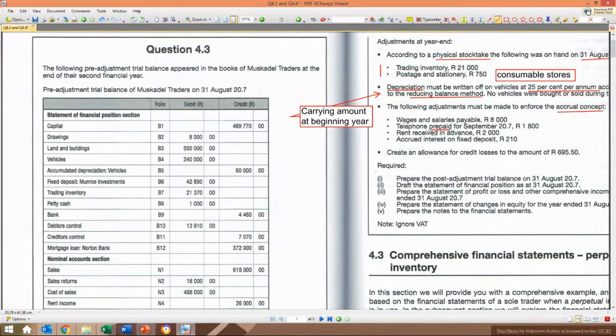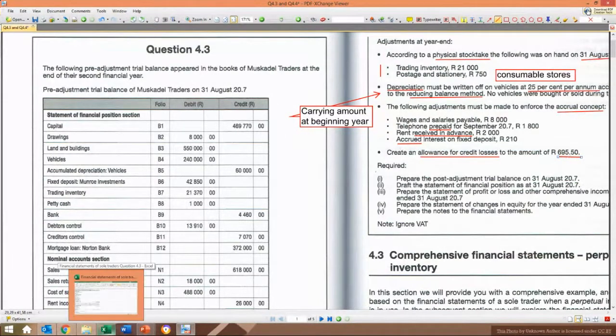We've got rent received in advance of 2,000, and we've got accrued interest on fixed deposit of 210,000. So these are the additional year-end adjustments which we will have to account for. And then they said create an allowance for credit losses of 695 Rand and 50 cents. Okay, so these are the adjustments we need to do.